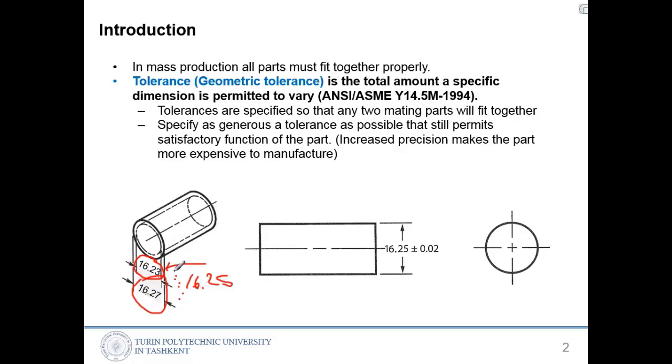All are correct. If he gets the dimension 16.29, out of the tolerance, he has to repair it. He has to make another operation to reduce this size to 16.27 or smaller. So it should be inside of this.